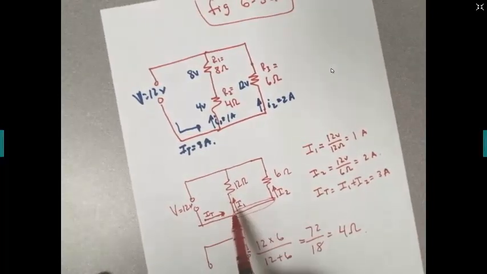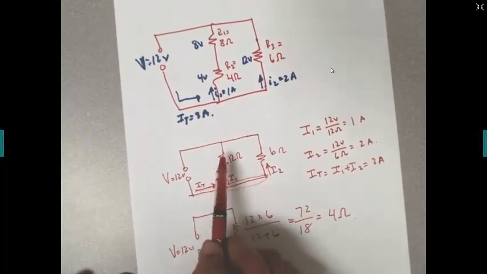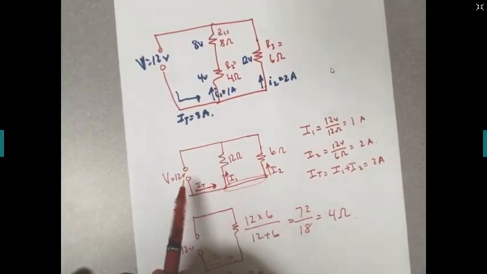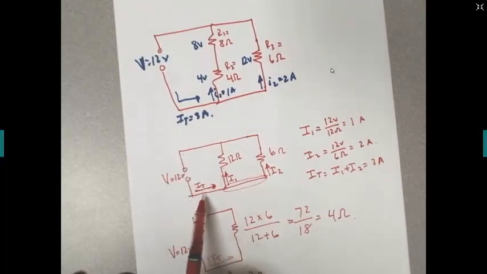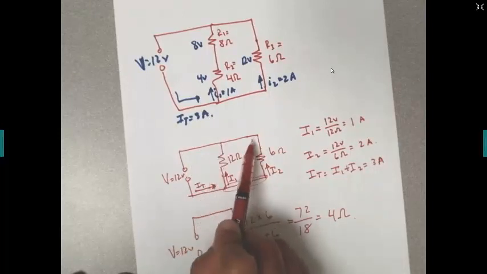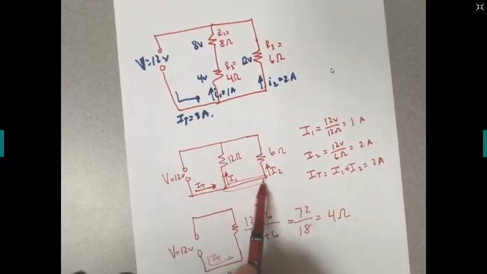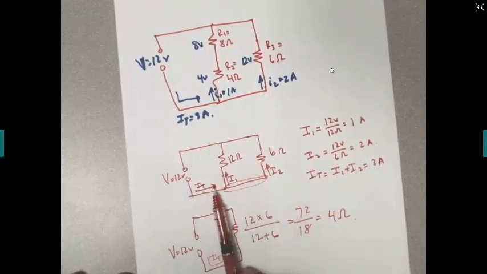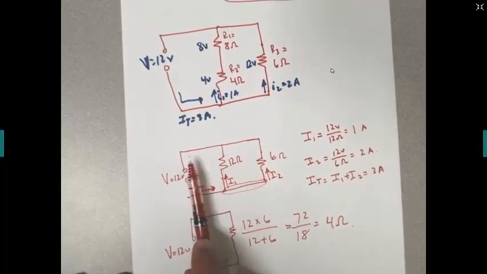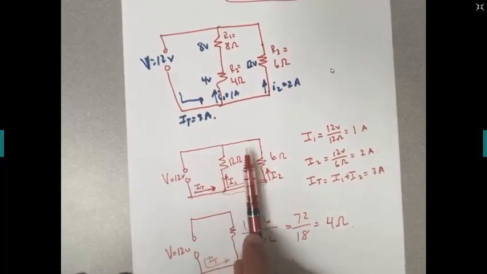The amount of current that's going to go through these branches will depend on the resistors on each branch. These two are connected in parallel, so the voltage from this point to this point is the same as from this point to this point. Remember from chapter 5 that the voltage across a parallel connection is the same for every single branch.